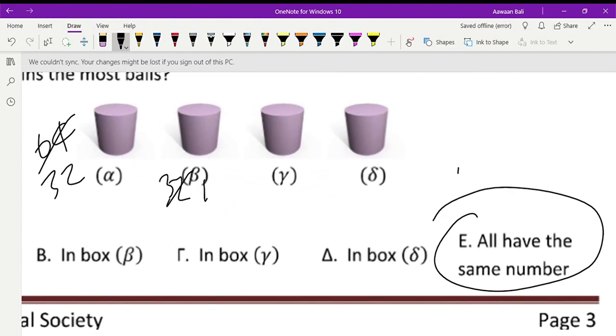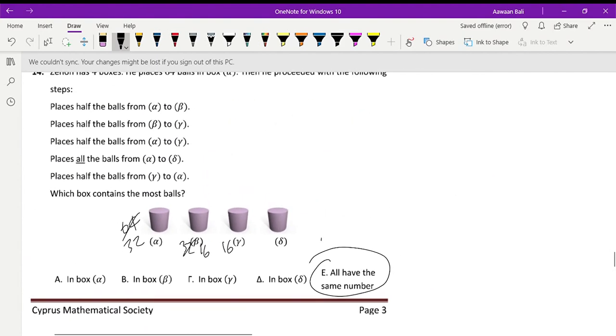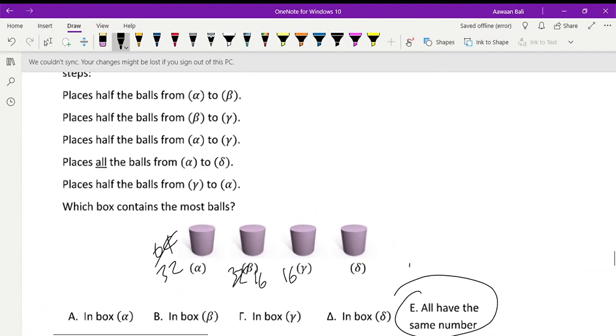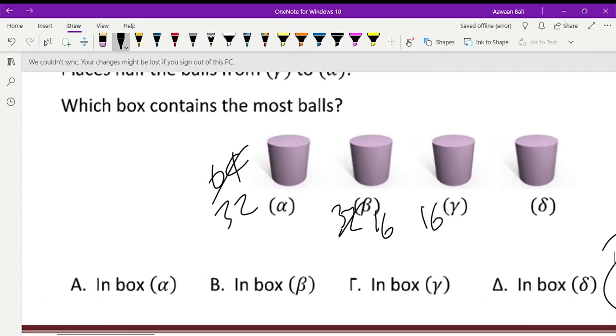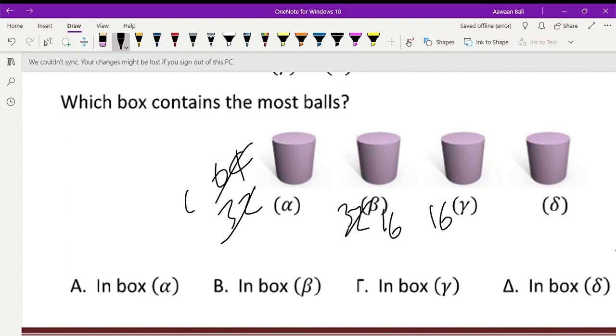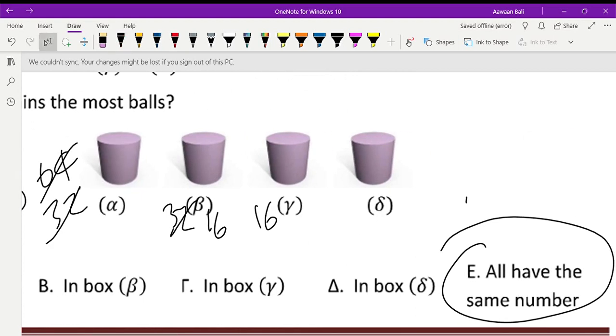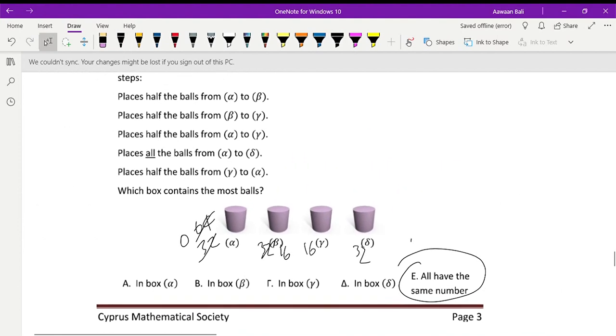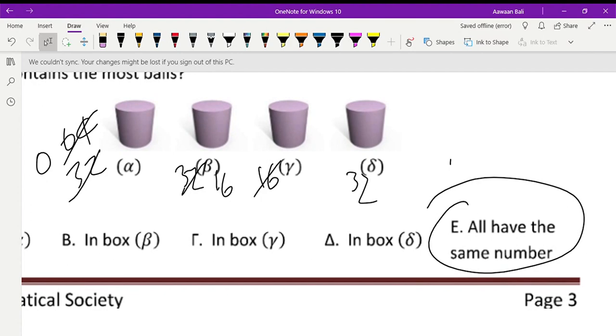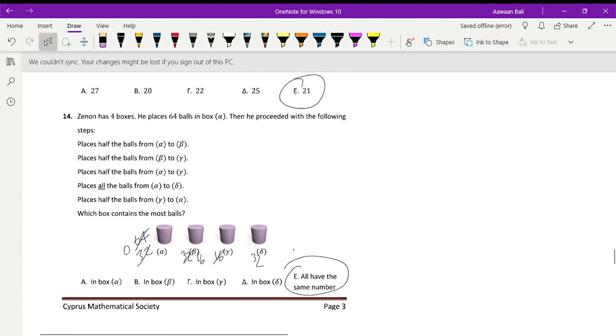Half of 32 is 16, so 16 and 16. And place all the balls from alpha to delta. So there are no more balls here, and there are 32 balls here now. Place half the balls from gamma to alpha. So now, no, sorry.